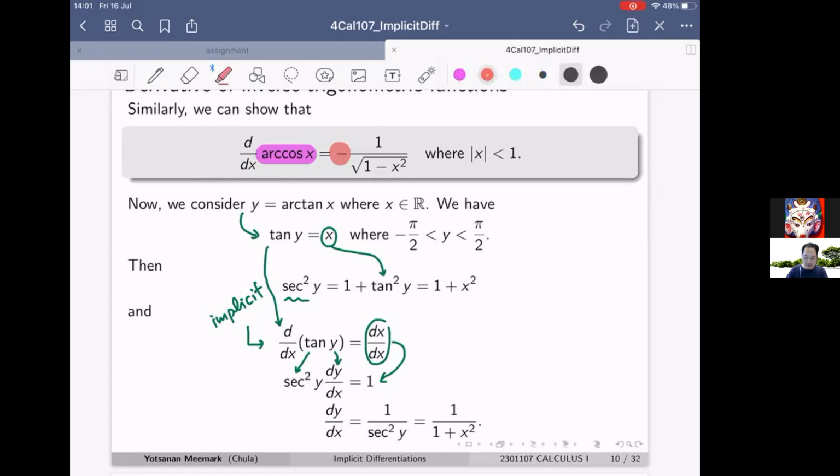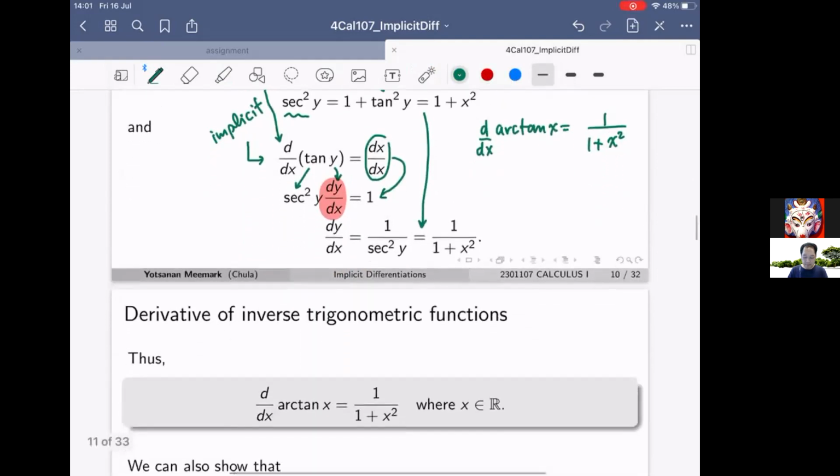And you need to solve for dy by dx, so we simply divide 1 by secant squared y. But secant squared y has the relation that it is 1 plus x squared. So the derivative of the arctangent with respect to x is simply 1 over 1 plus x squared.